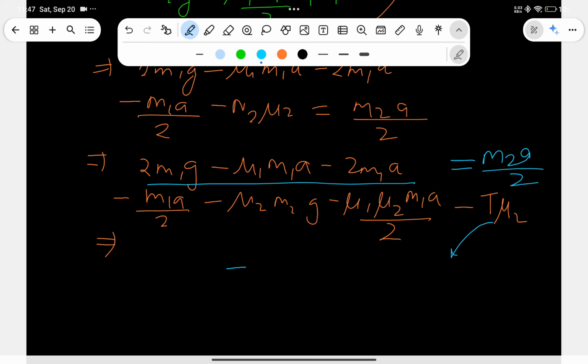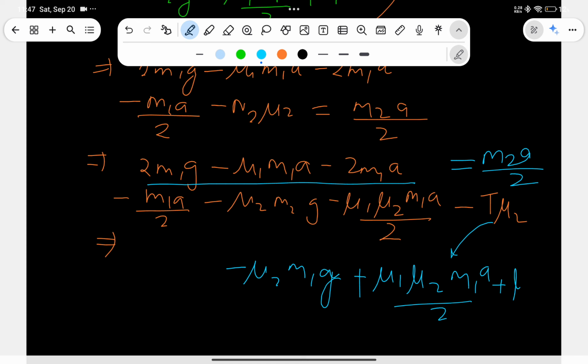So minus mu2 m1a, sorry, g, minus mu1 mu2 m1a by 2, and because it is minus it will be plus, plus mu2 m1a, right, mu2 m1a, and obviously 2 se divide.